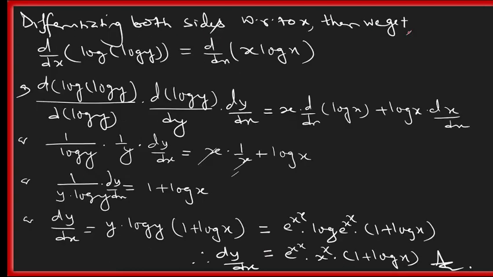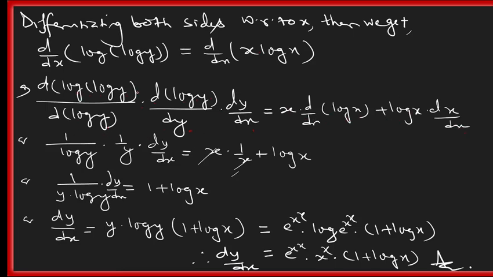Differentiating both sides with respect to x, we get the derivative of log y equals the derivative of x log x. The derivative of log y with respect to log y, times the derivative of log y with respect to y, times dy by dx, and on the right, first no change, derivative of second, plus second no change, derivative of first.